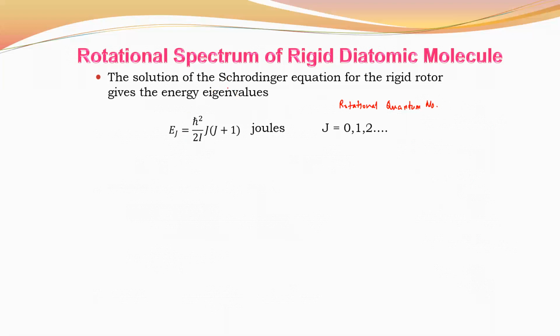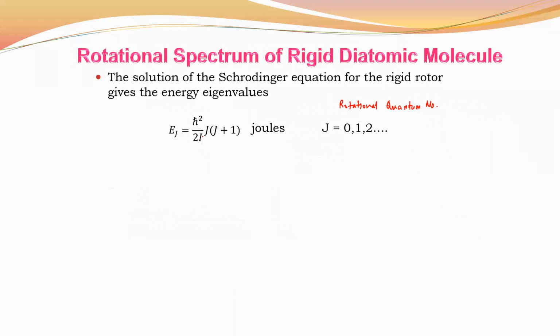There is no need to solve the Schrodinger equation for the rigid rotor. You only have to memorize that the energy eigenvalue is given by Ej is equal to h cross square divided by 2I, j into j plus 1 joules, where I is the moment of inertia of the rigid rotor, that is I is equal to mu r square.